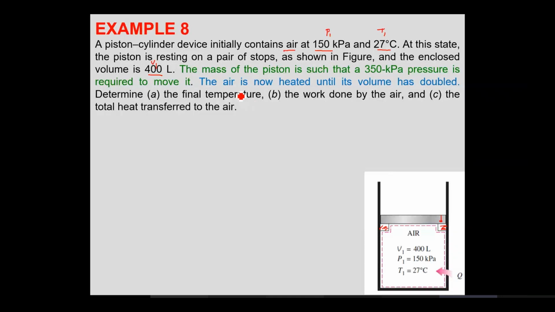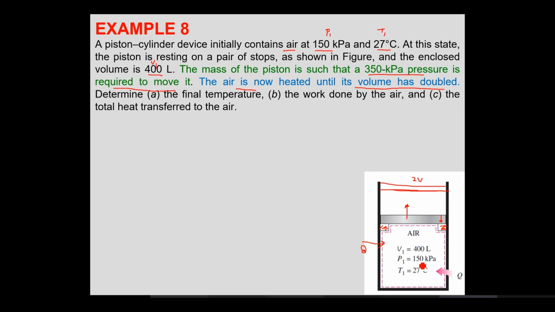Now, it is further said that air is now heated until its volume has doubled. There is some heat addition to the system, which ultimately results in the volume of the system getting doubled. And before that, it says that the mass of the piston is such that a 350 kilopascal pressure is required to move it. So it says in order to get to the double volume, there is a pressure which is required.